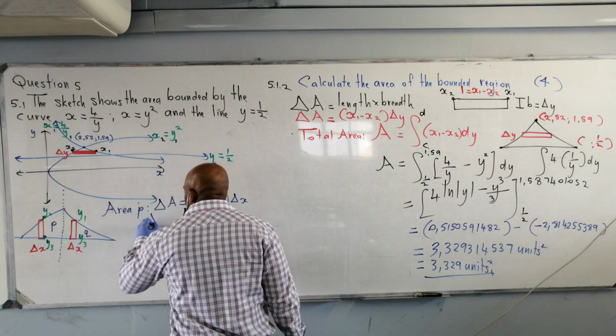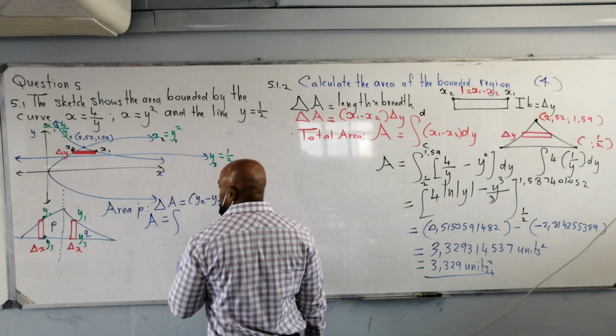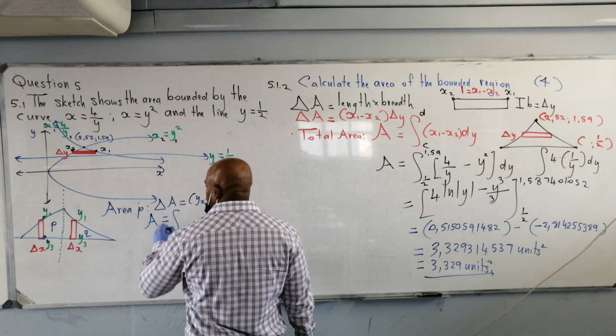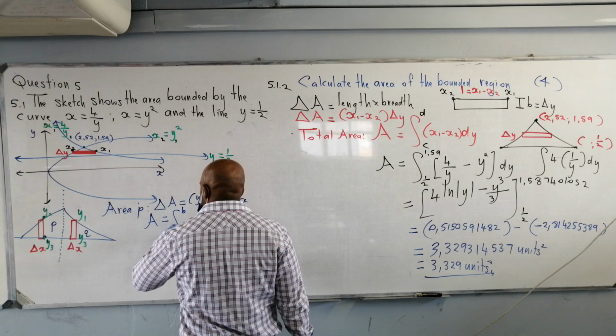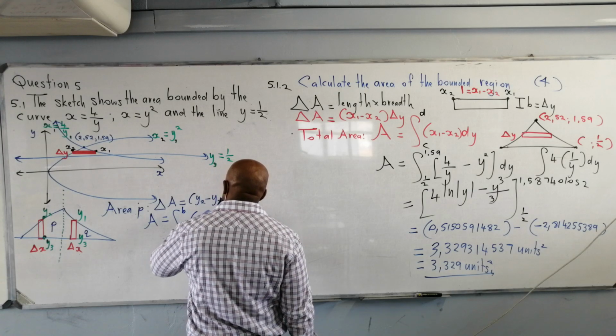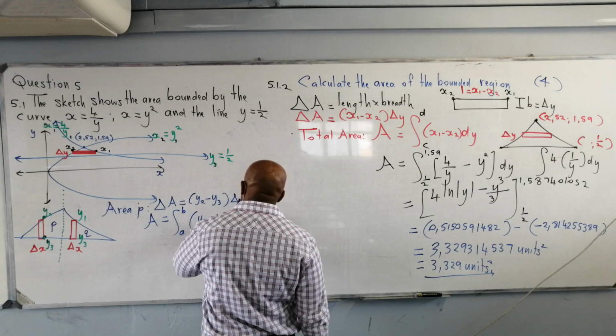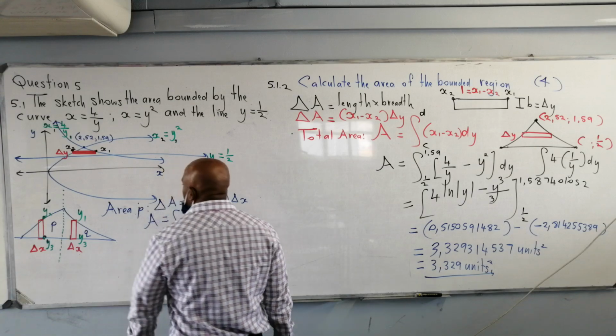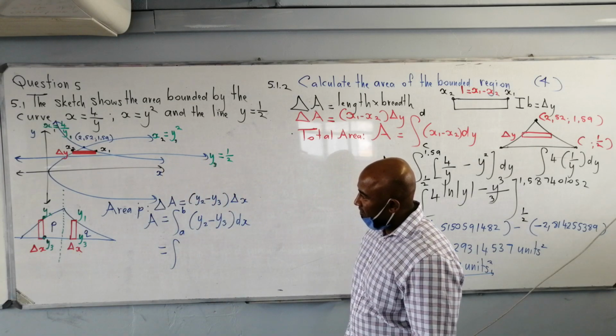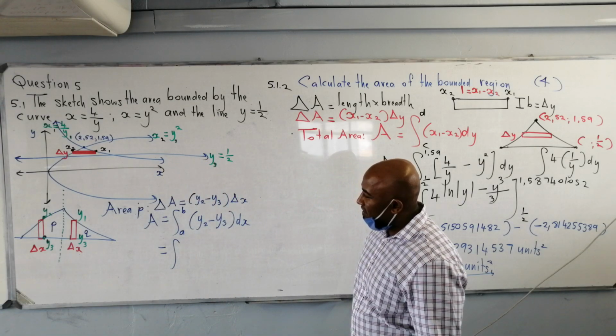So now, if I want to work out total area for area P, I'm going to integrate using the x values there. Y2 minus y3. What are the x values here?